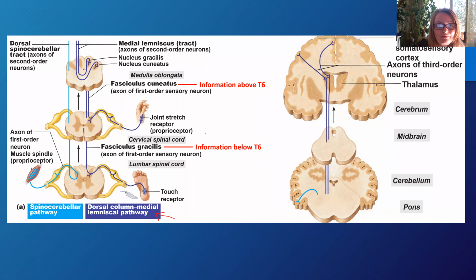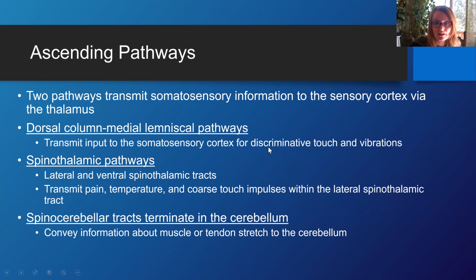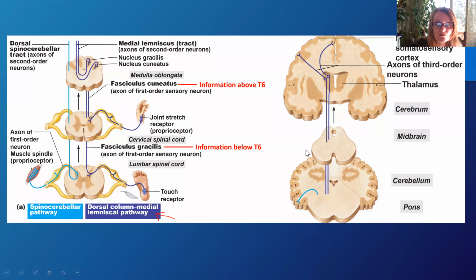Now, what sensory information is moving through this tract? It's going to be your touch, discriminative touch, and vibration, right? Discriminative touch and vibration. So when somebody touches you, like, look, somebody touches your foot, or you see this proprioception. So let's say you're holding some heavy stuff in your hands.